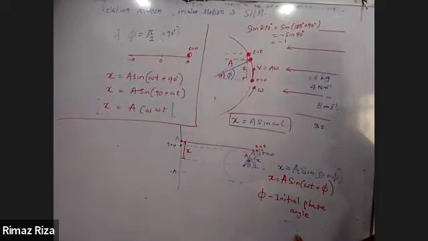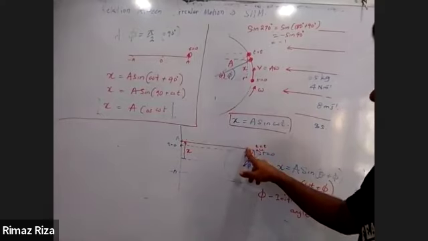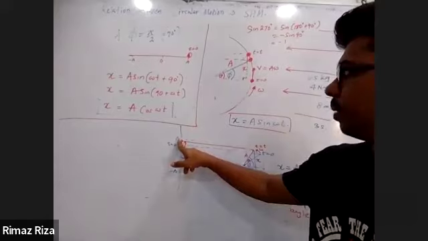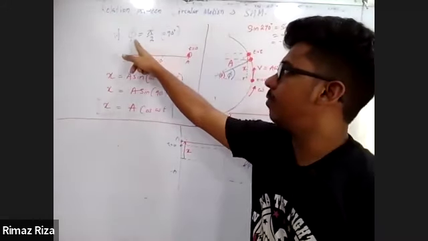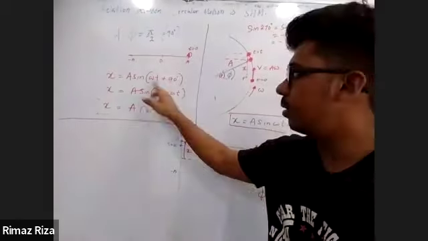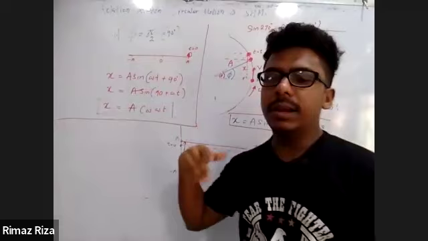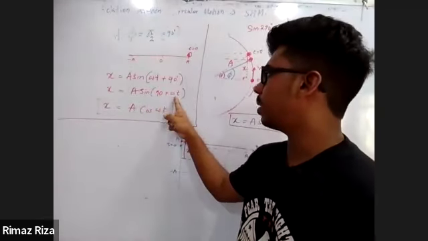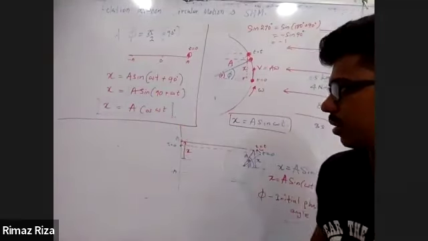And if we are starting to measure from here, the particle is here in circular motion, or here in simple harmonic motion, then phi is equal to 90 degrees. So we can write 90 plus omega t. We know sine of 90 plus theta is cos theta. So sine of 90 plus omega t is cos omega t. Therefore, it is equal to cos.